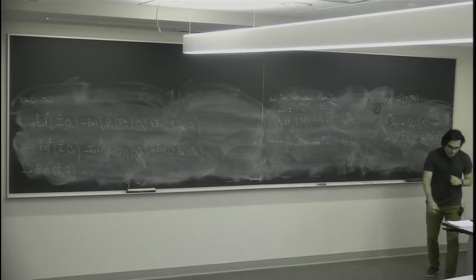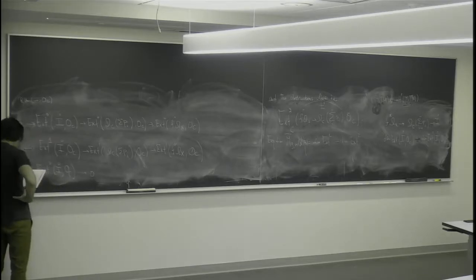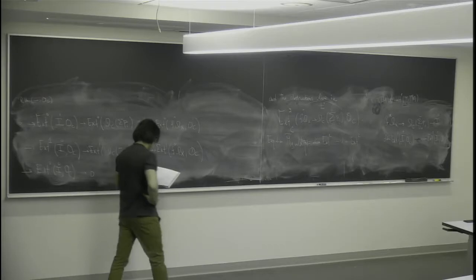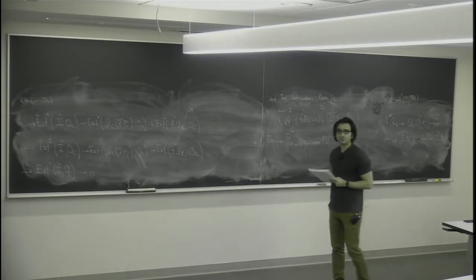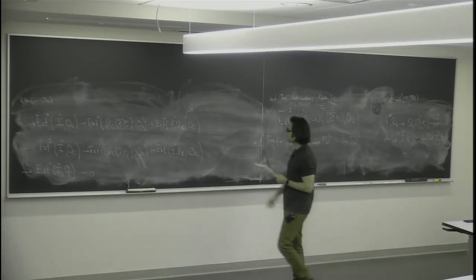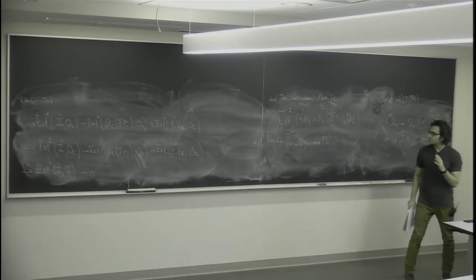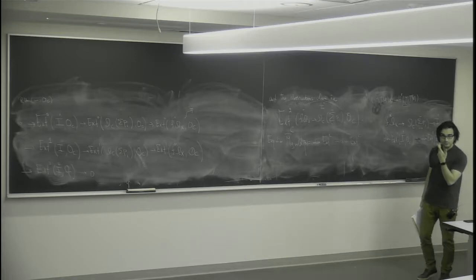Okay. Now, let's discuss some interesting things in here. What is this thing? You can actually see what this is. If you dualize this using Serre duality on the curve, then that gives you the deformation space of the map while the curve is fixed.